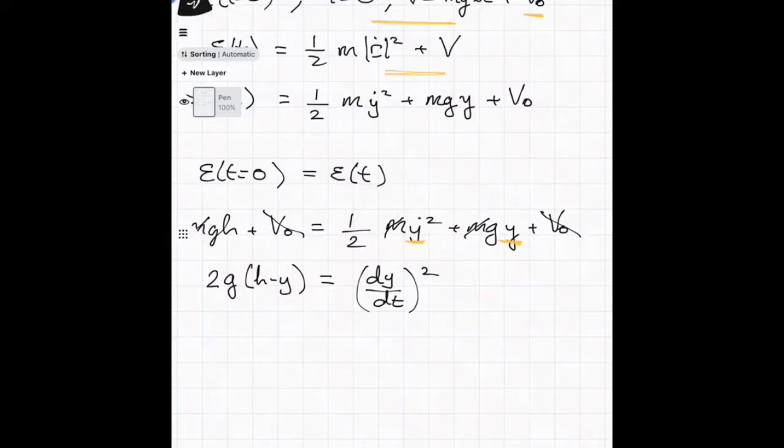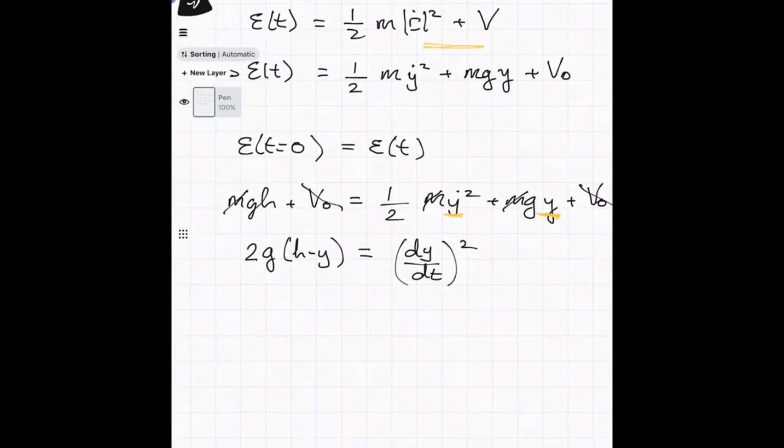So if we write it like this, then we can see this is a differential equation, an ODE, and we know how to solve this. If we square root both sides, we get plus or minus the square root of 2g(h minus y) equals dy by dt. And this is a first order ODE. It's a separable ODE.